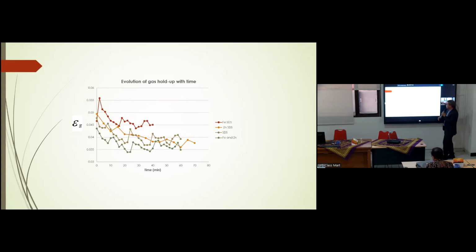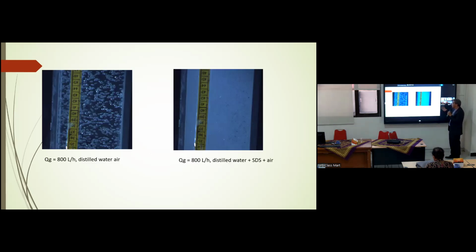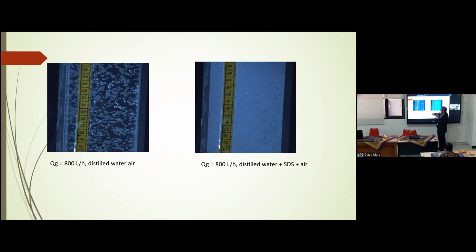And I have an idea about epsilon G with time, it decreases. That means that the collector quit the solution, because the presence of collector in solution increases epsilon G. If the collector quits the solution, it decreases. So this is an example of the presence or not of the collector.